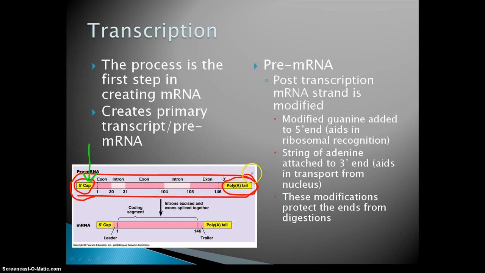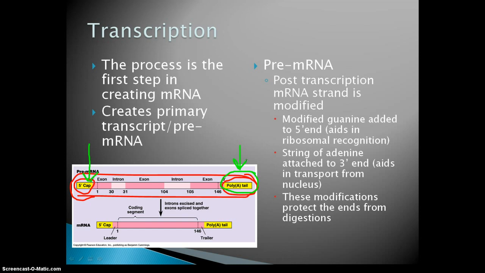On the other end, down here, you've got this structure, which is actually a string of adenine nucleotides that is attached to the end. These adenine nucleotides get called a poly-A tail because it's multiple A's, multiple adenines. And the poly-A tail actually helps the cell get the messenger RNA out of the nucleus.